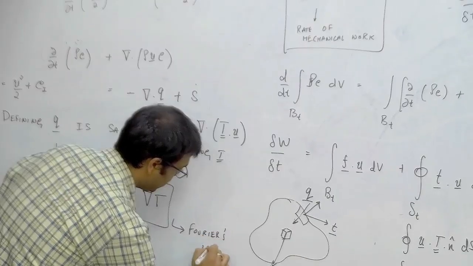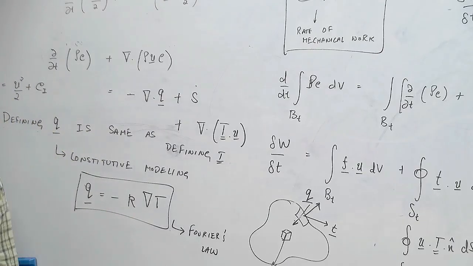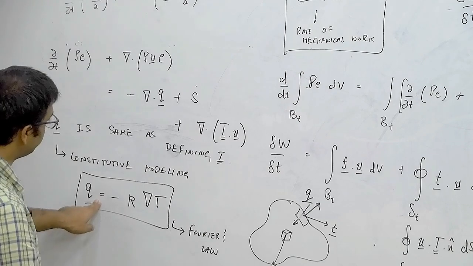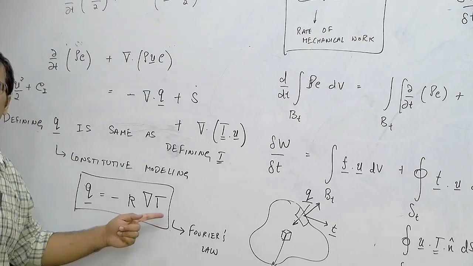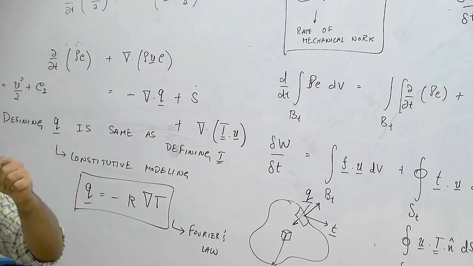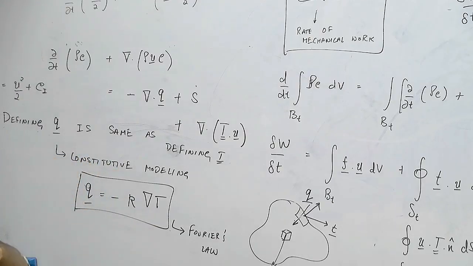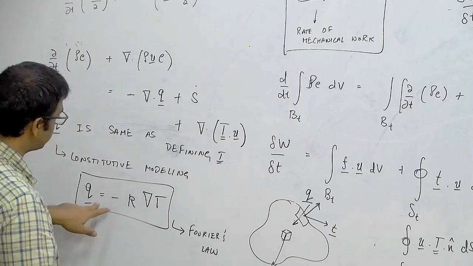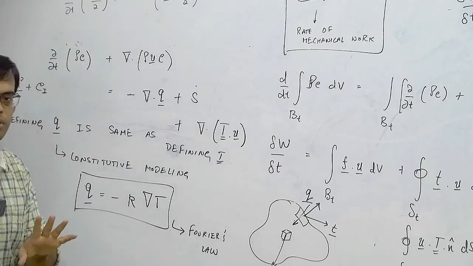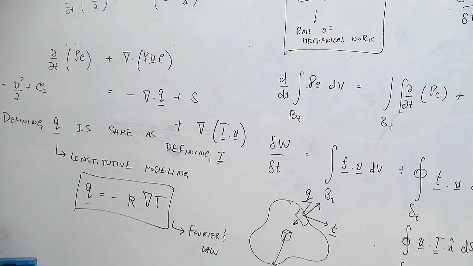Okay, that Q is this, where K is called the thermal conduction coefficient, it is always positive. So Q is always opposite to the temperature gradient. So if a temperature is lower here, higher here, then the temperature gradient is oriented in this way, and then Q is oriented opposite to this. Okay, so Q is always minus K grad T for us in this course.